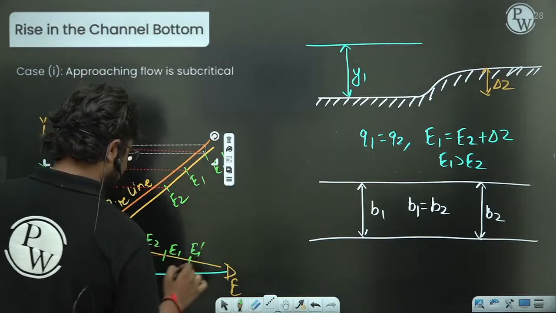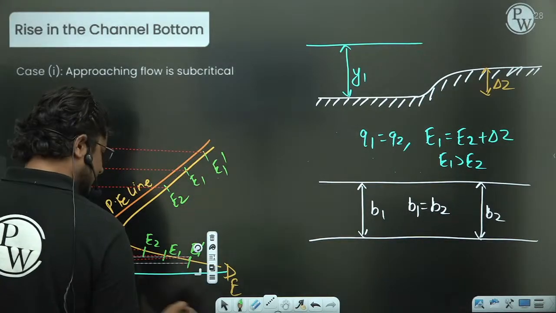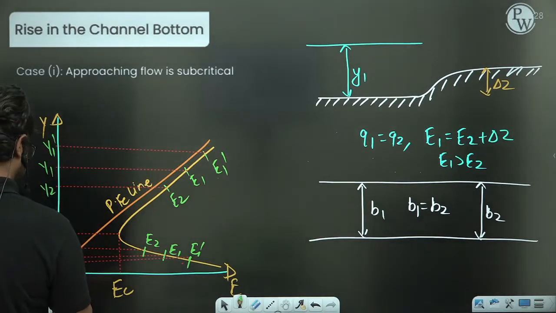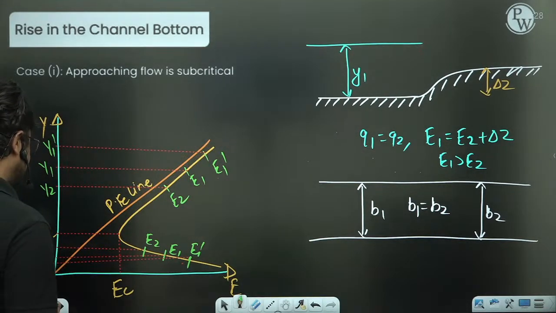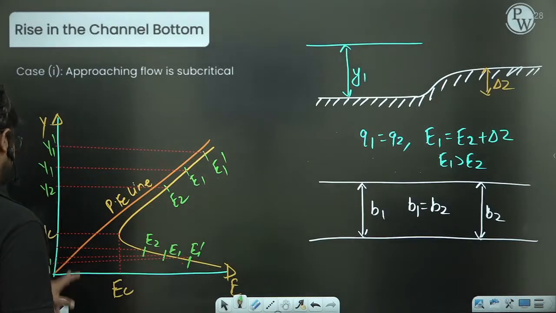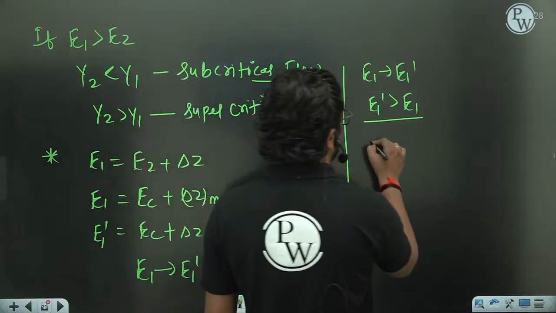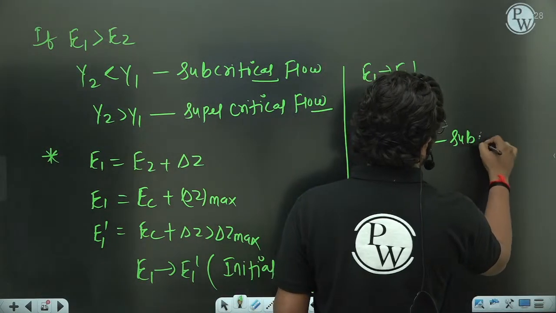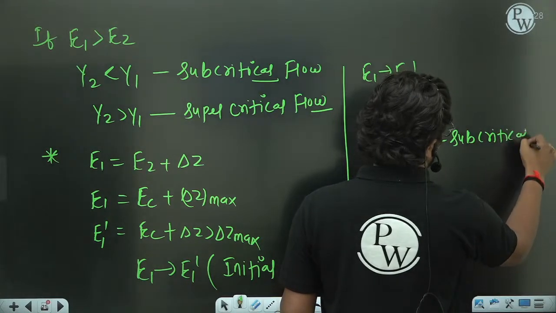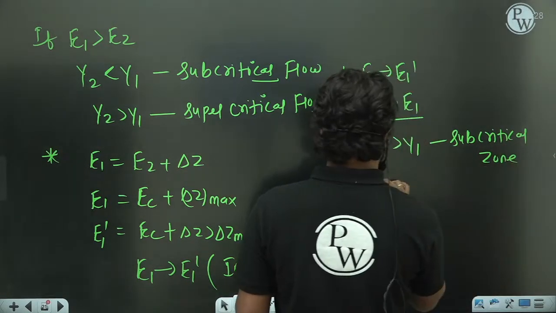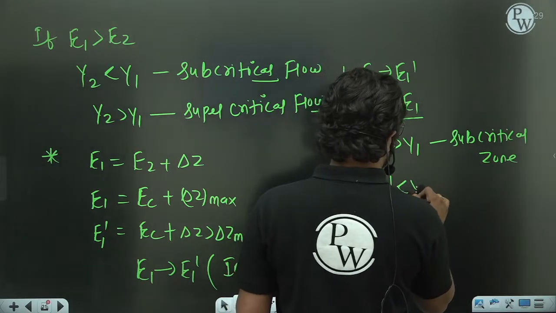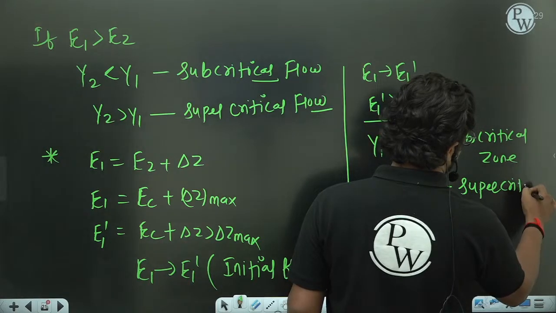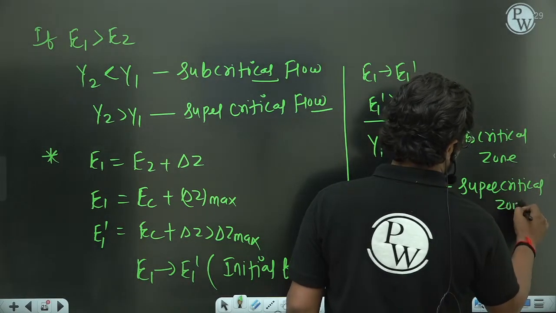You need to plot it again. So what I am finding there, this is Y1 dash. As you can see here, Y1 dash is more than Y1. This is for the subcritical zone. And Y1 dash is less than Y1 for the supercritical zone.